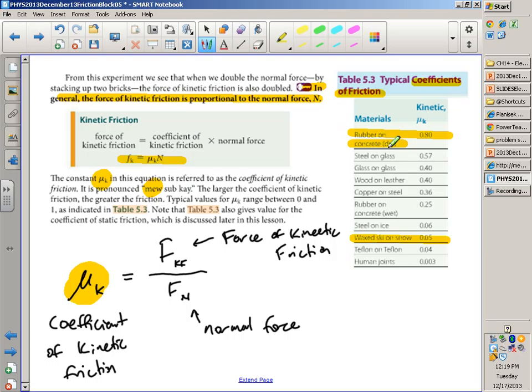Your tires on the road have the same coefficient of friction regardless of what car you drive, because the surfaces are the same. But your compact car has a different force of friction than some big SUV, because the actual objects are different. Okay? Does that make sense?